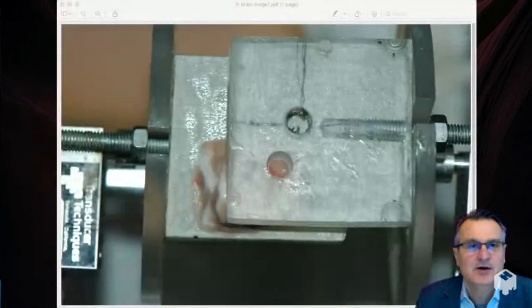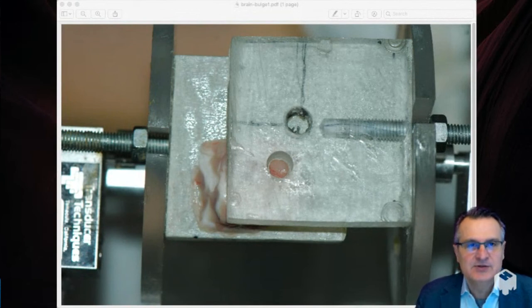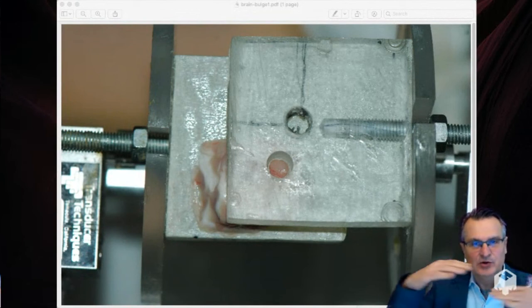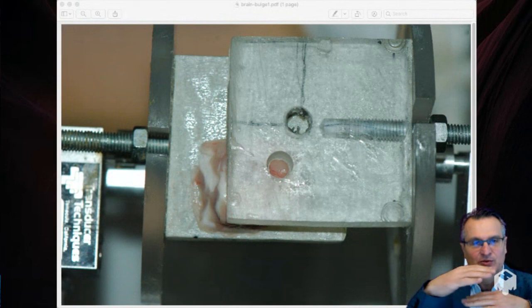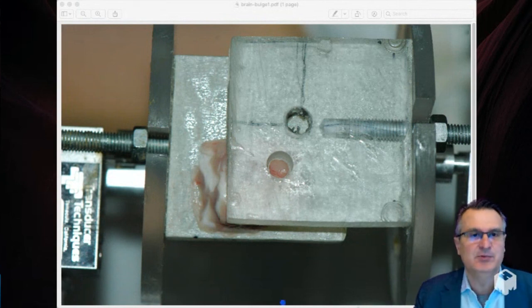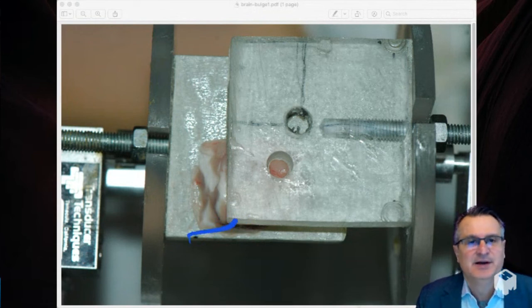And I'll show you now the experiment I did with the brain. As you can see, the bottom plate and the top plate are not above one another. The sample, seen from above, is between those two plates and it has been sheared. And there we drill the hole in the top plate.